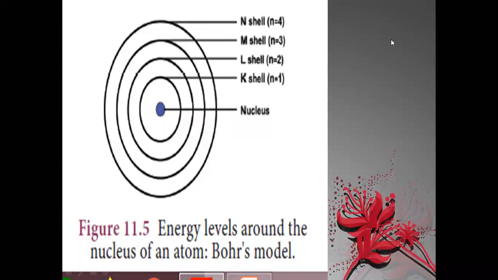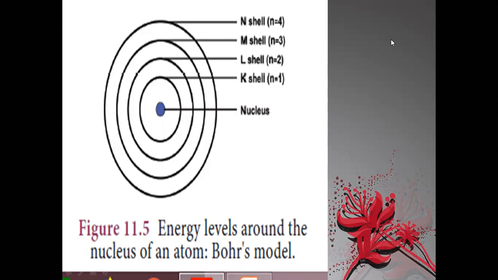The second is that electrons revolve around the nucleus in orbits or shells. There are four shells. The nucleus's nearest shell is the K shell, and this is called an energy level or energy shell.